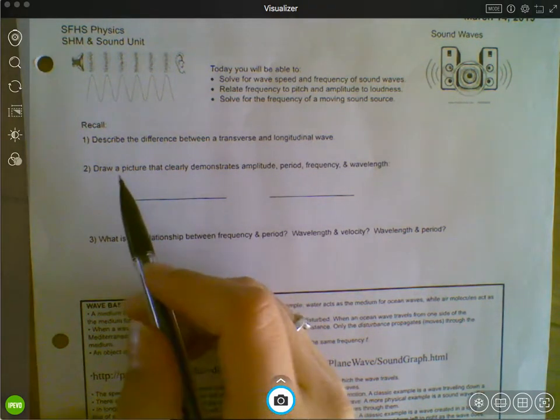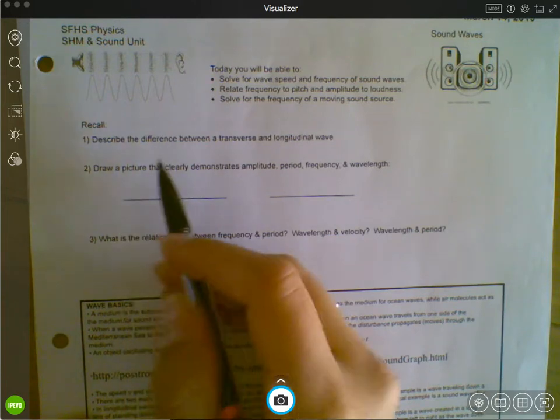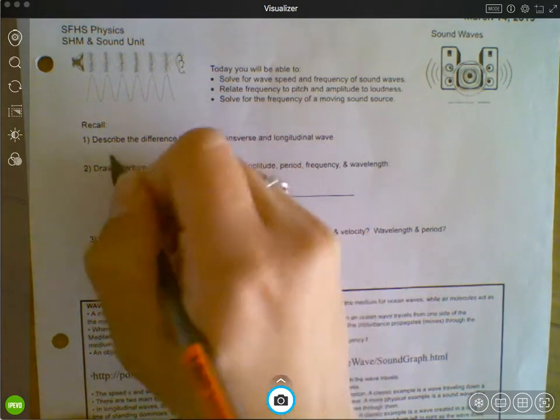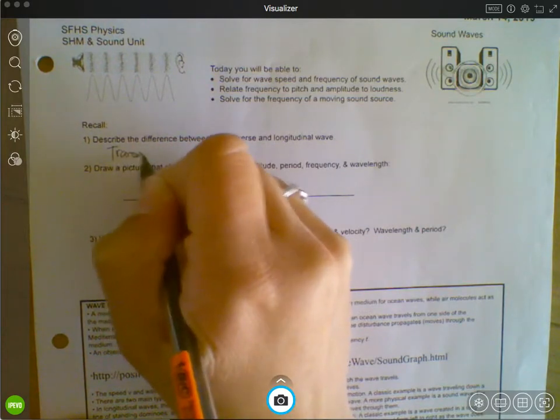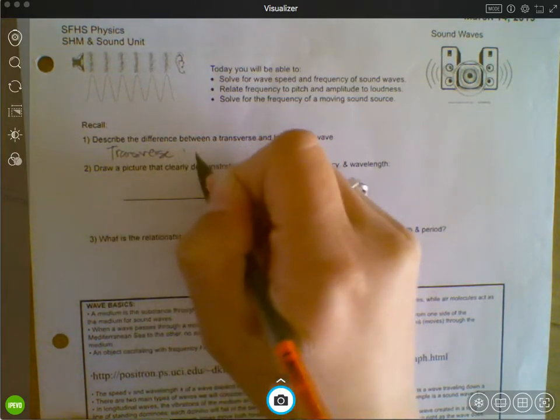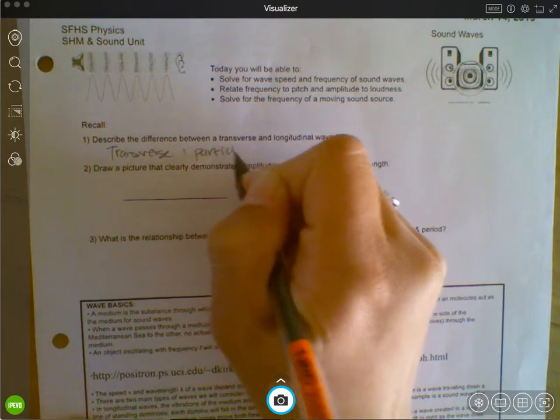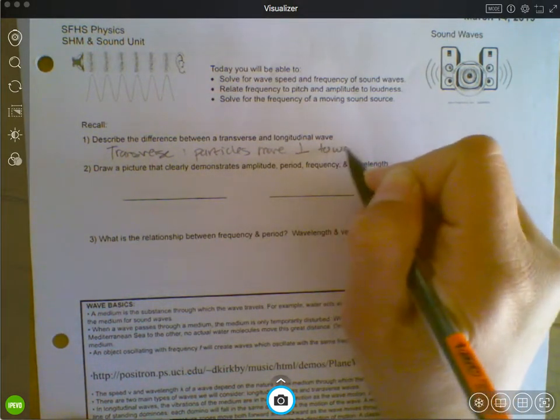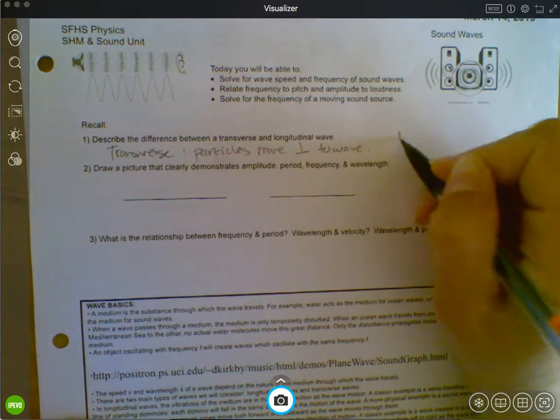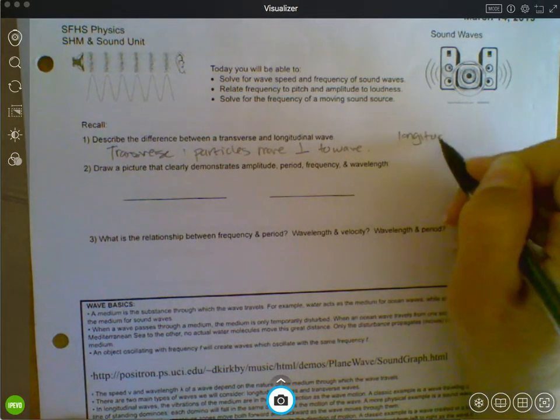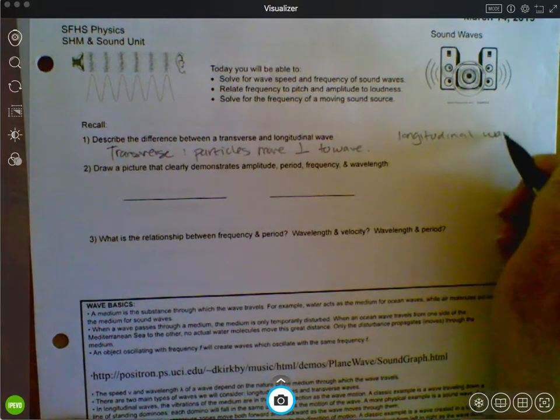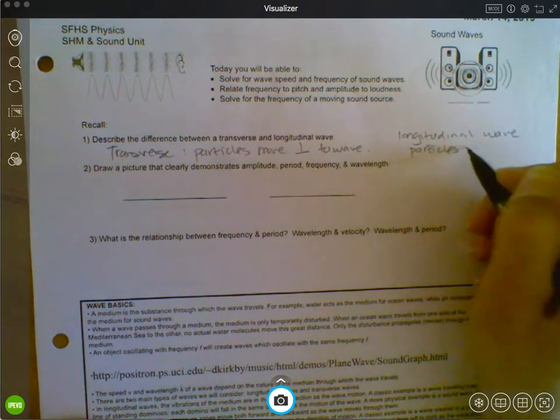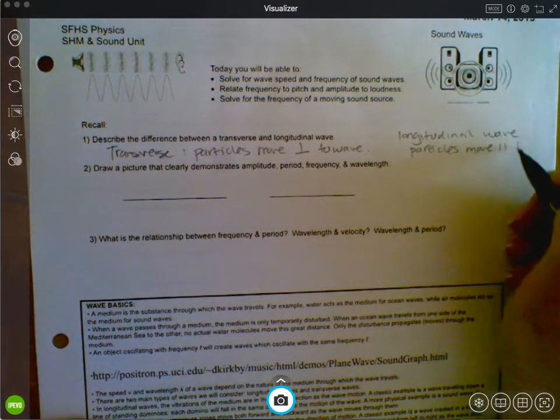Okay, so let's recall from last lecture the difference between a transverse and a longitudinal wave. Remember, transverse means the particles move perpendicular to the wave, and in a longitudinal wave, the particles move parallel to the wave.